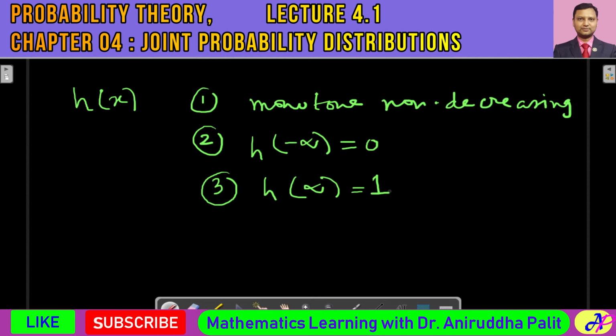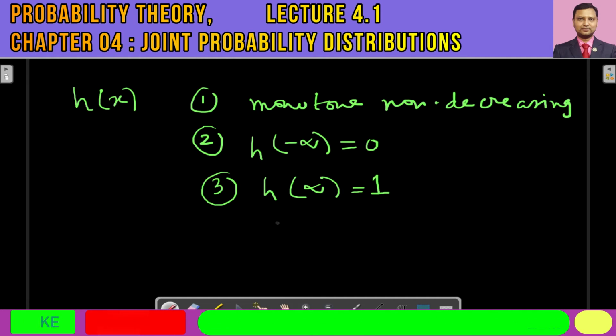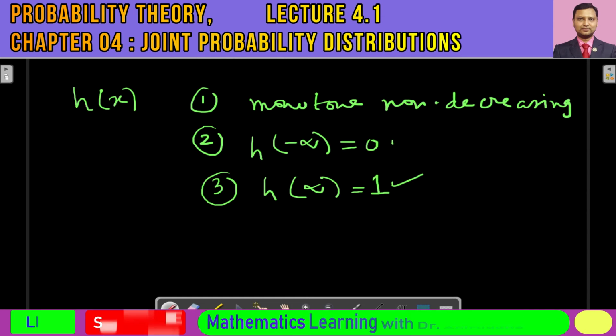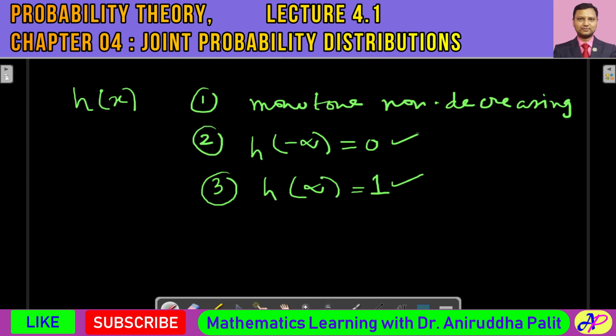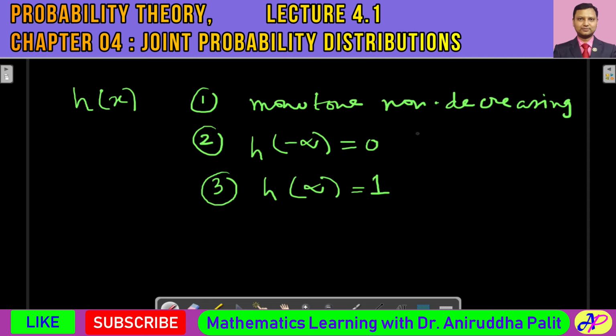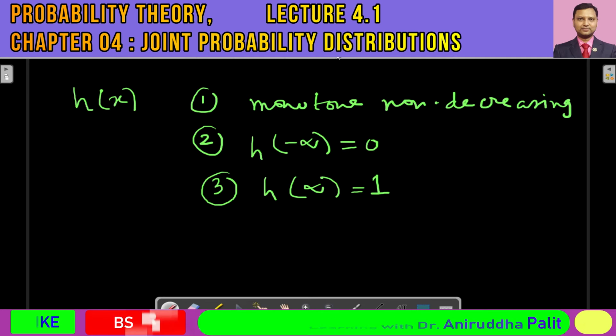All right, monotone non-decreasing, and secondly, it is bounded. I mean to say that the maximum value of h is equal to 1, and the minimum value is equal to 0. So these are the properties of a distribution function.